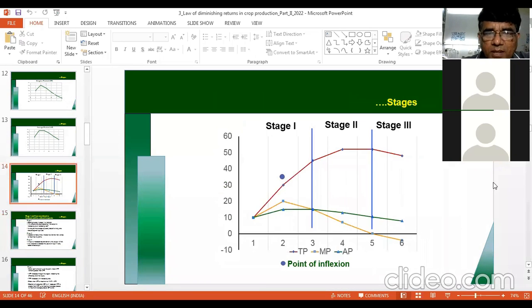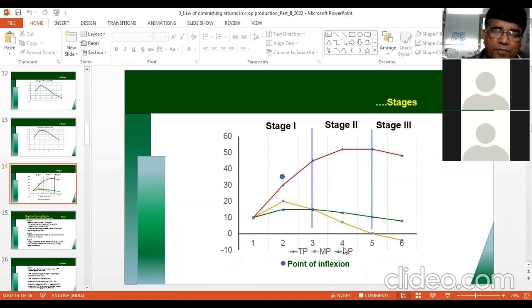Because here your marginal return, you are getting something even at 4. At 5, you are not getting any marginal return. So here total production is maximum. So your ideal unit may be before this.